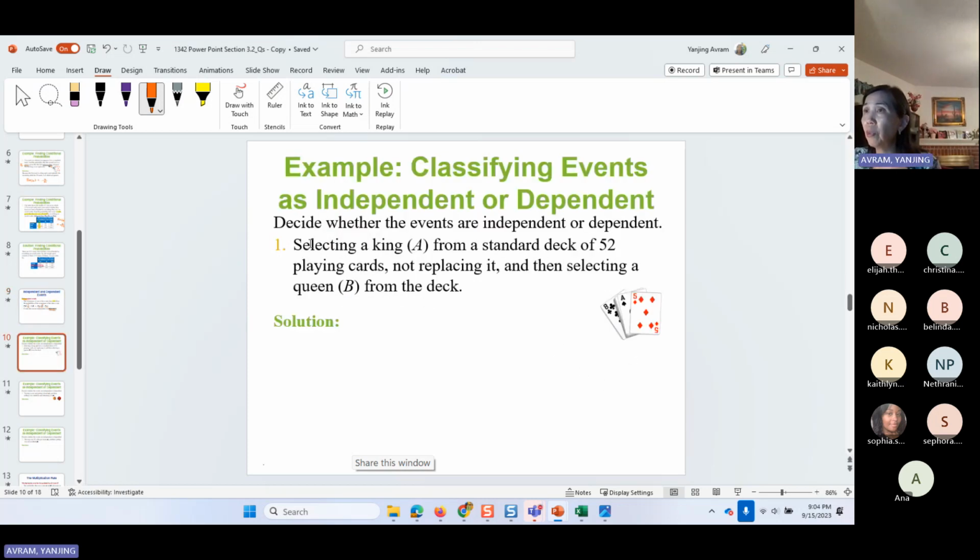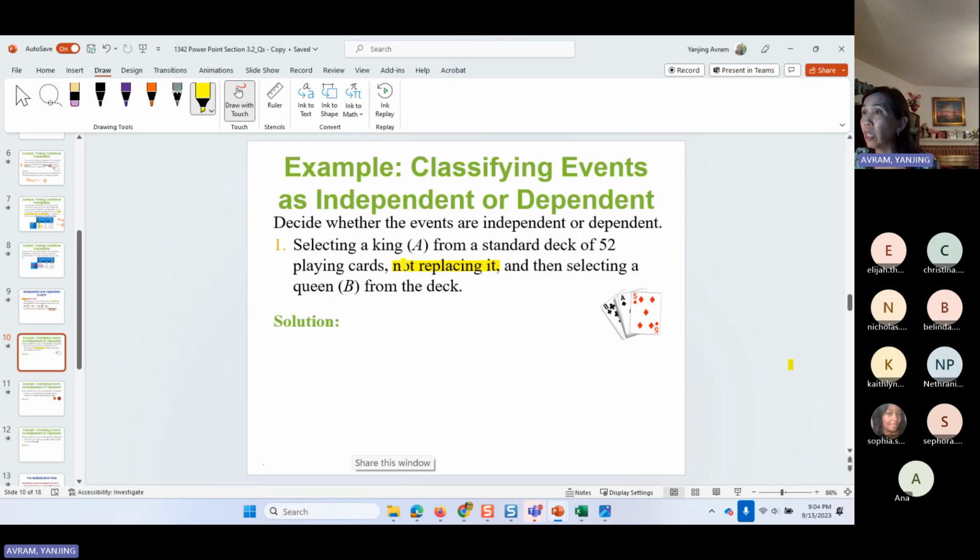All right, so look at this one right here. Determine whether the events are dependent or independent. The first one, A: you choose a card from a standard deck of 52 playing cards, not replacing it, and then B: select a queen from the deck. Is this dependent or independent? If you choose the card and don't replace it, and then select the queen, of course this is dependent.